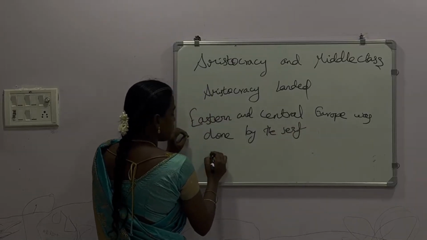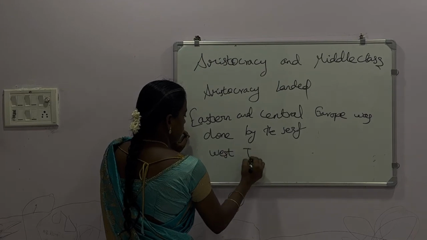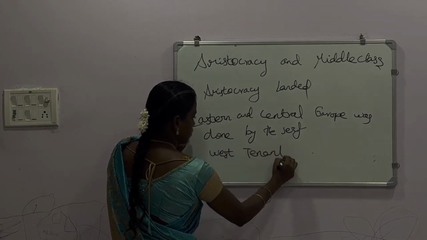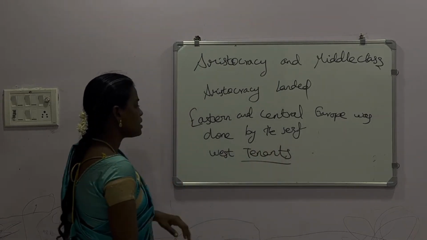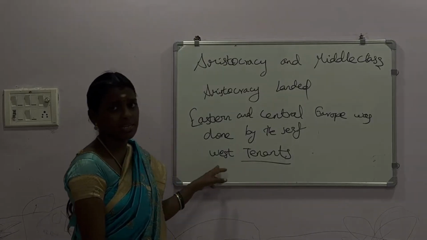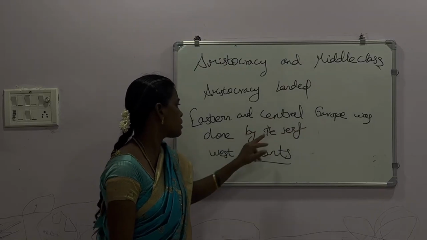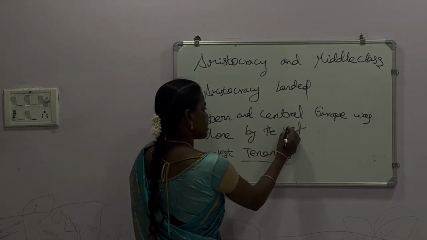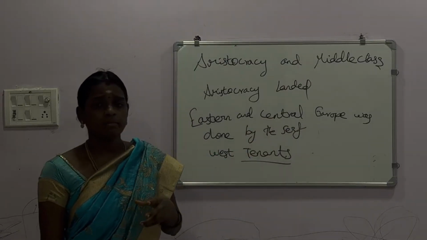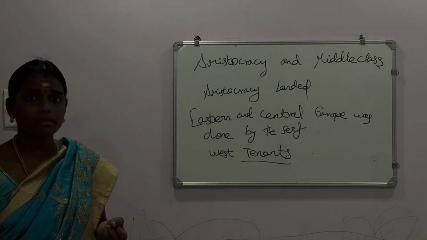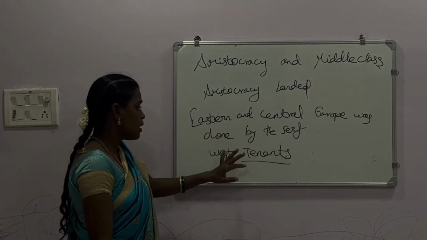In the West, tenants cultivated the crops, while in Eastern and Central Europe cultivation was done by the serf. A serf is like a peasant, but that was the term used for them.